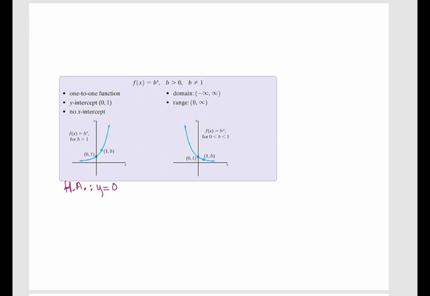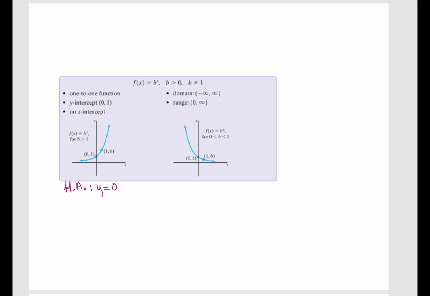So here's another slide that shows the base being less than 1, and then a base that's more than 1. The one on the left is the base that's greater than 1, and then we see the exponential function on the right where the base is less than 1.